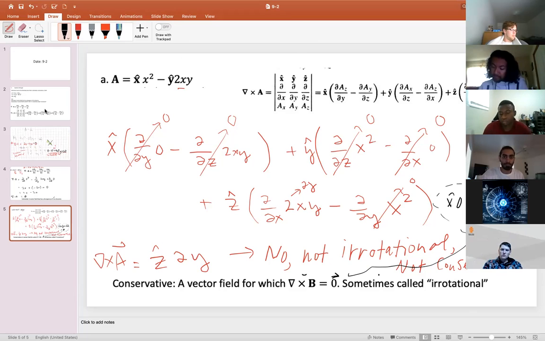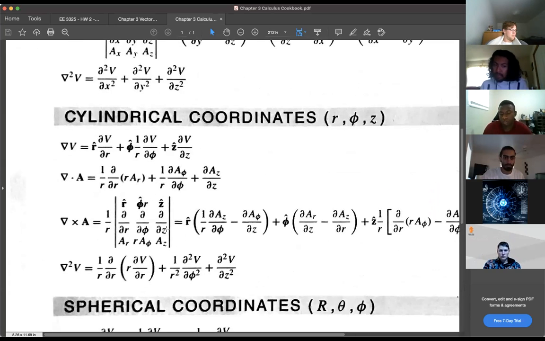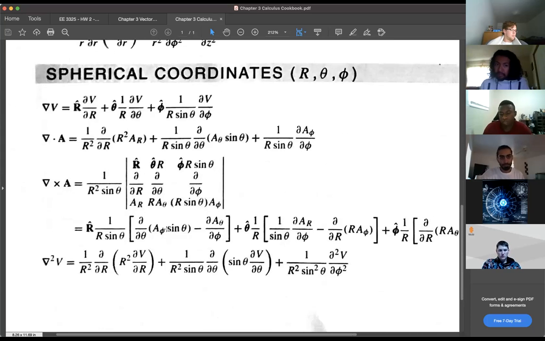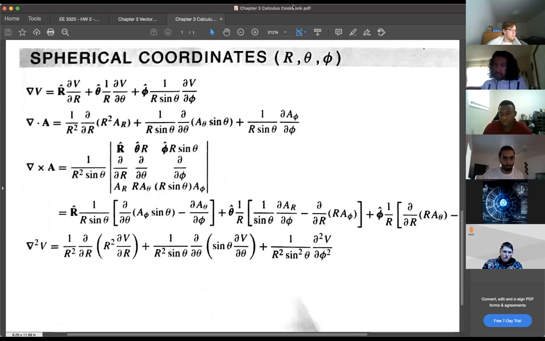All right, so that's how you do each one of these. When you go on to these ones, be careful to note that in cylindrical coordinates and in spherical coordinates, these products are slightly different. Make sure that you are using the correct operation when you go into the spherical and cylindrical coordinates, or else you won't get the correct answer.